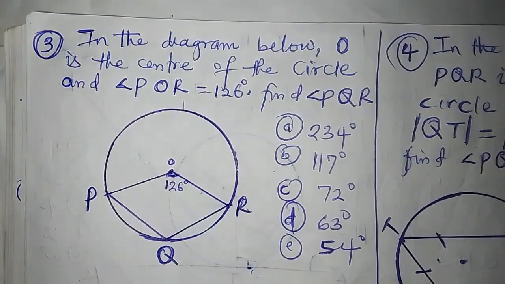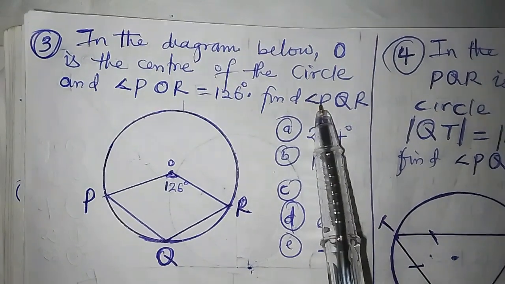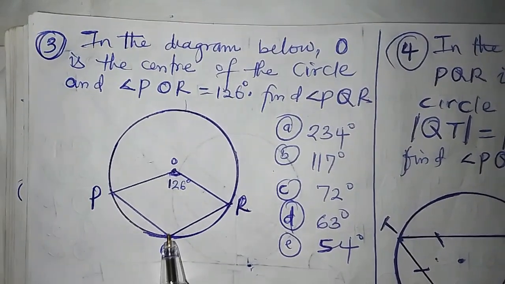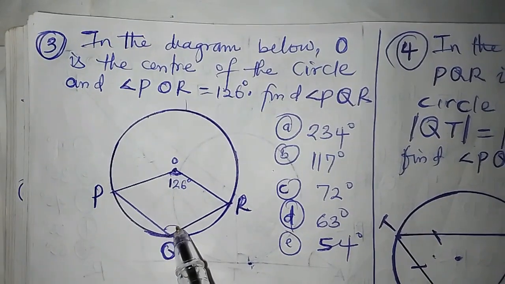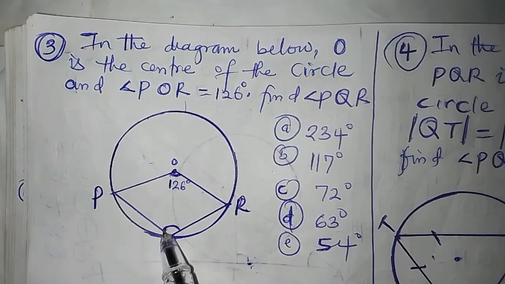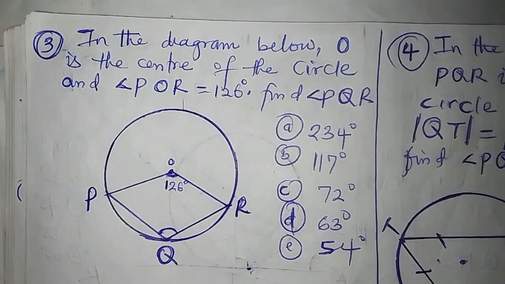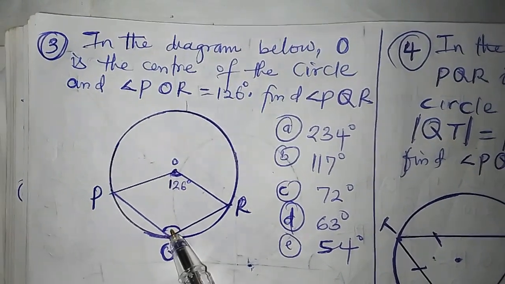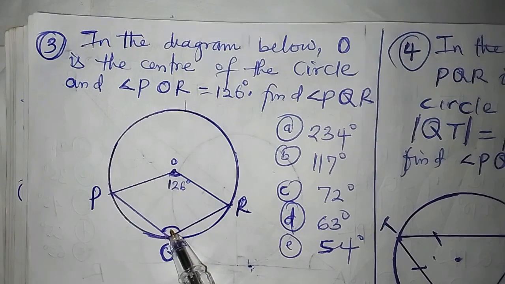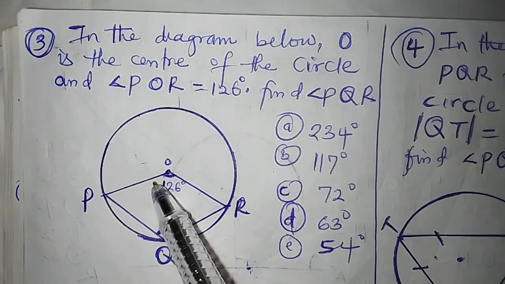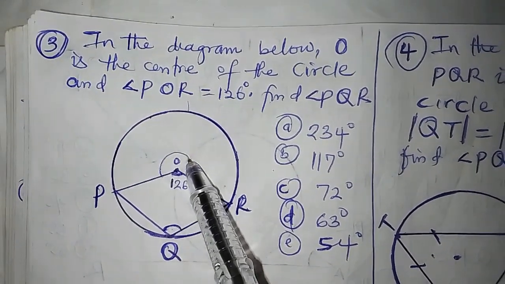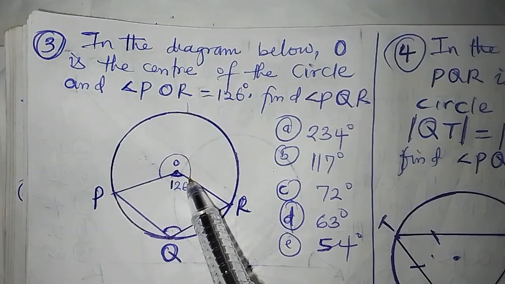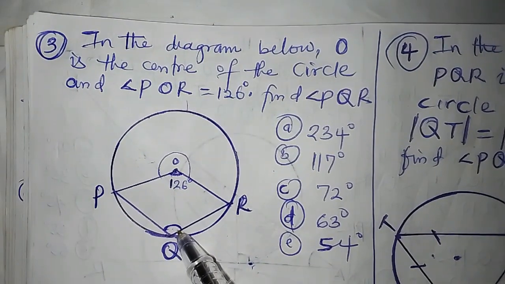We have to find angle PQR, which is this angle inside. Now, under circle geometry, this 126 has no direct connection with this angle formed here. But based on what I told you in theorem 1, it is this angle that is outside that has a direct connection with what is here.